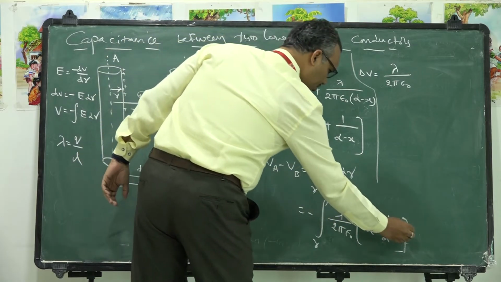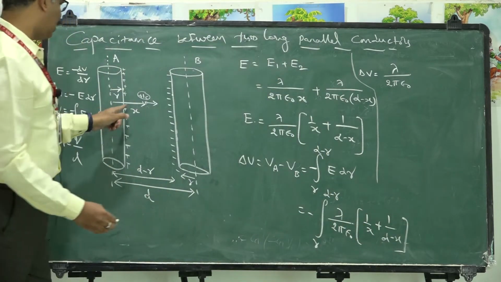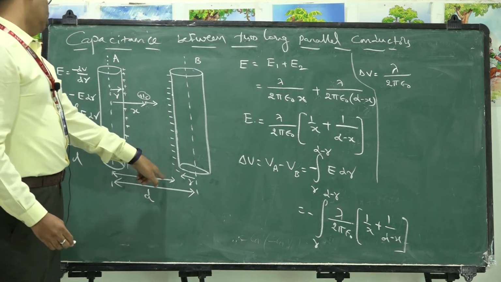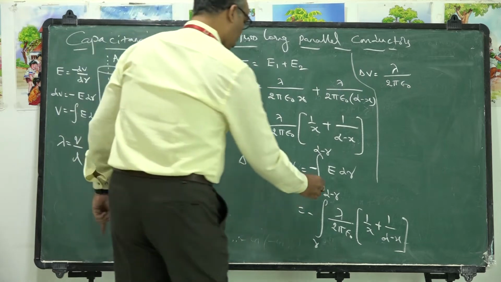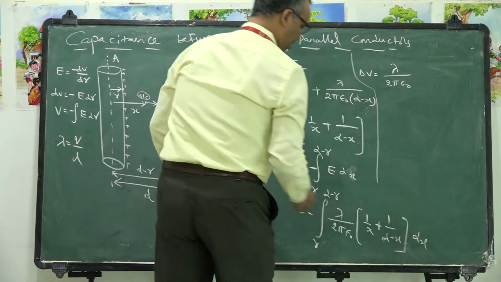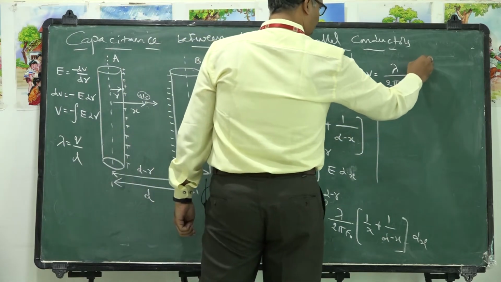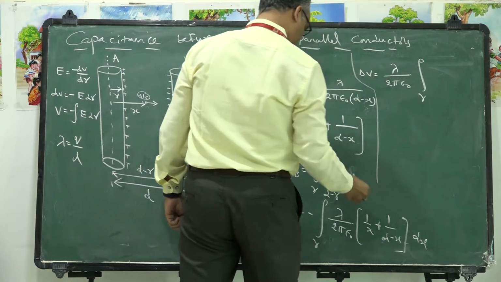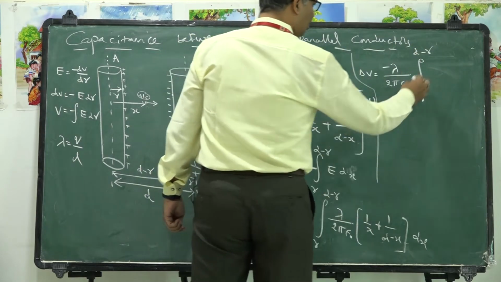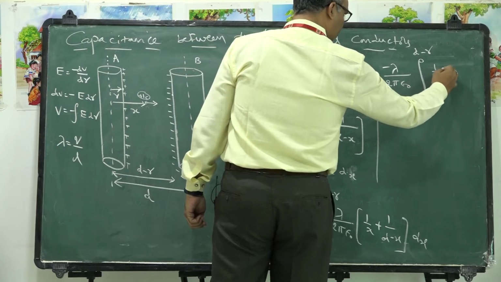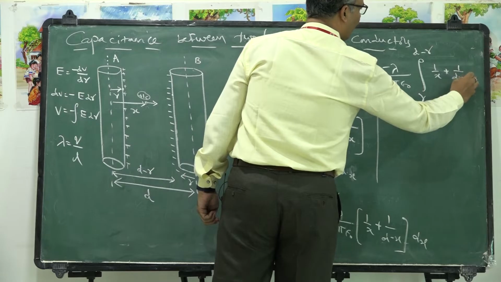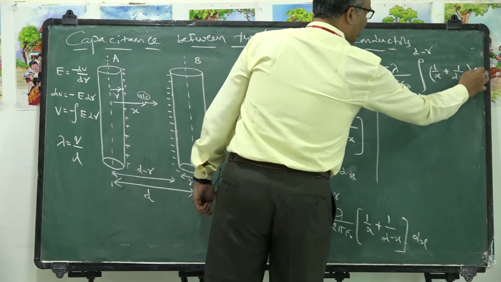Here actually x is the variable, x varies from r to d minus r. Therefore instead of variable we should take dx here. So take dx, integral r to d minus r, minus you can keep outside, 1 by x plus 1 by d minus x into dx.